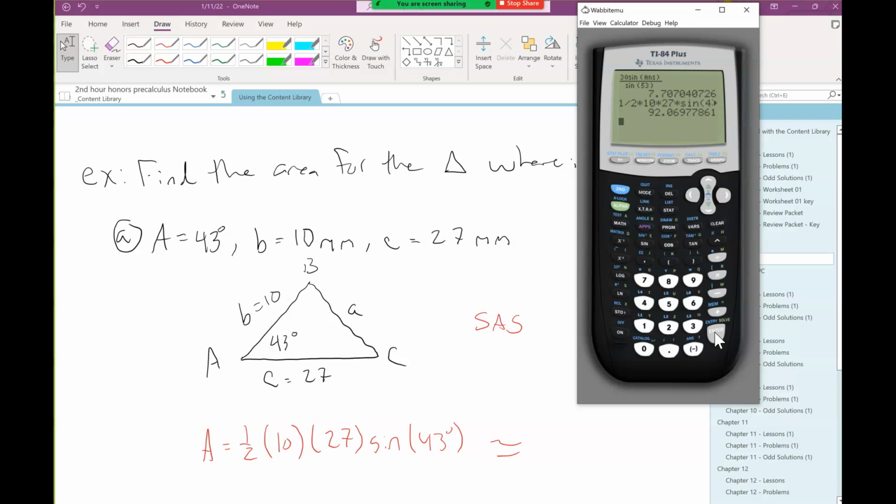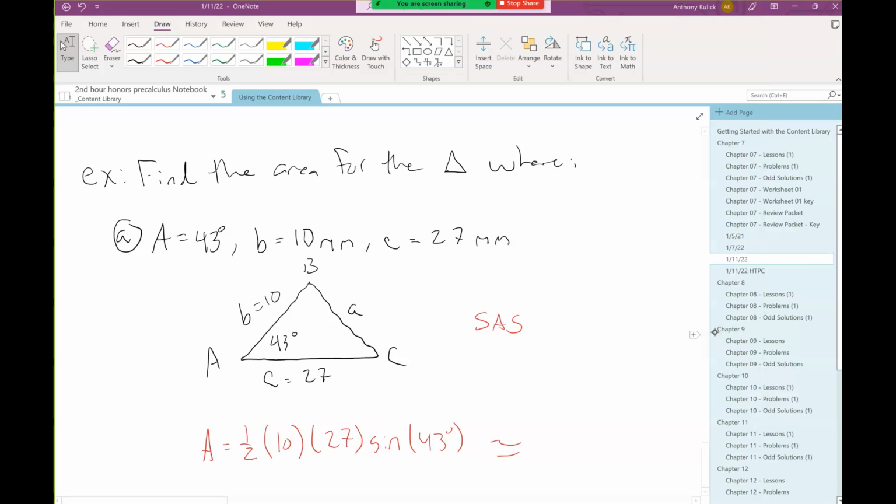So I get 92.07 millimeters squared. Really easy, right? Nothing tricky to it. Just plug in the numbers into the formula.